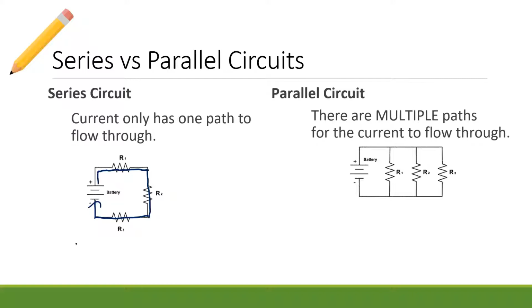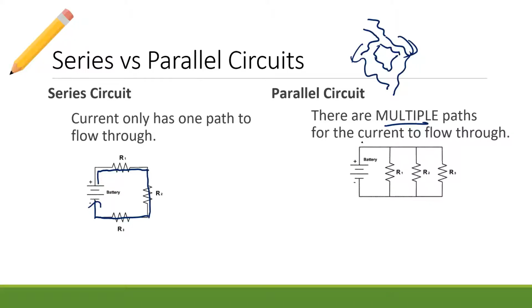In a parallel circuit, though, there are multiple paths for the current to flow through. This is like the difference between having a river that then branches off. That river might come back together at the end, but ultimately it can go in any number of ways. There are multiple paths the circuit goes through.